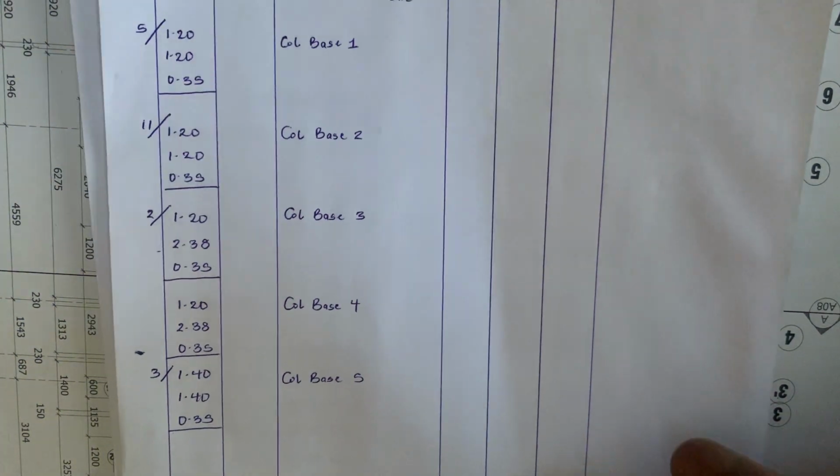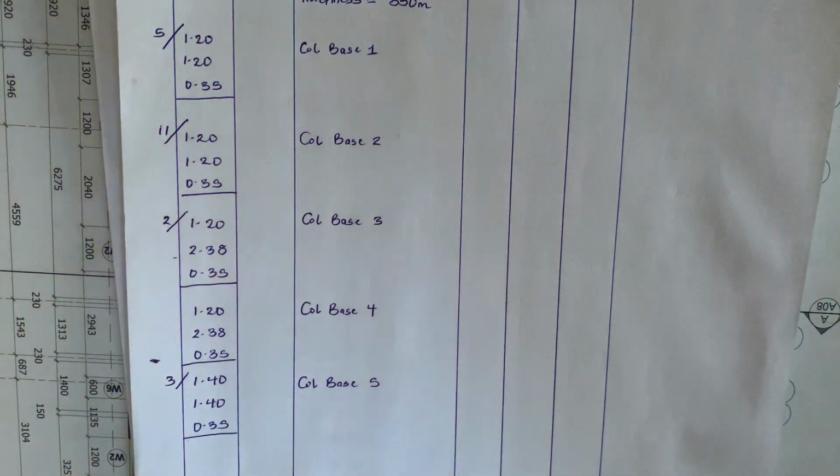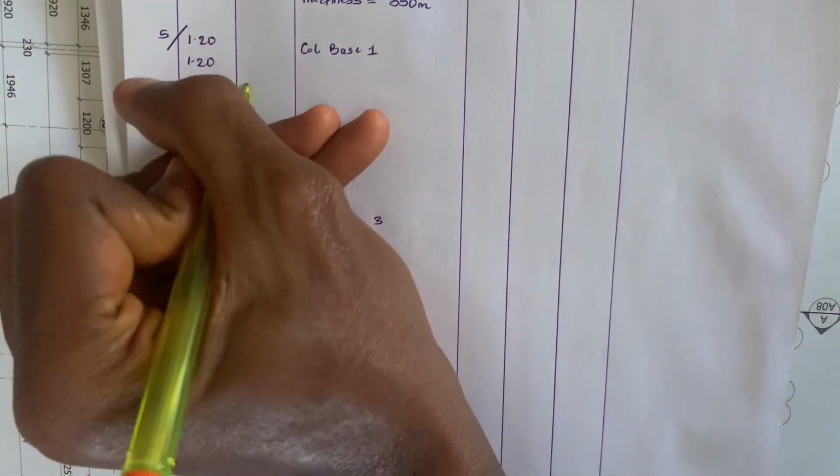So what we'll now do is get the values for column base 1 to 5. For column base 1, 1.20 times 1.20 times 0.35 times their number, which is 5, is equal to 2.52.